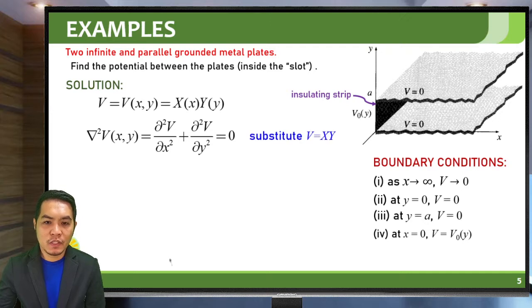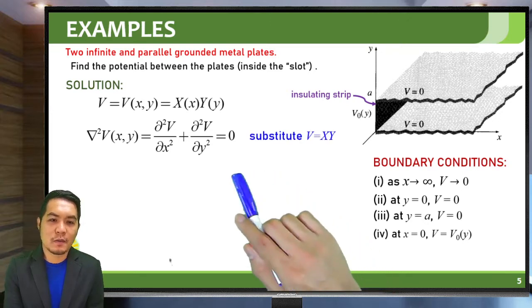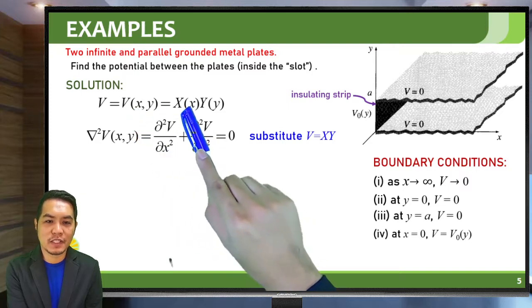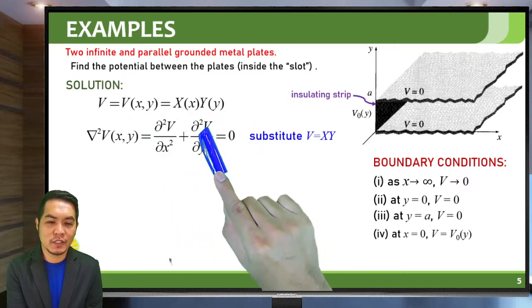Okay, so what we will do, this is now our Laplace equation. We substitute our V, which is X(x)Y(y).